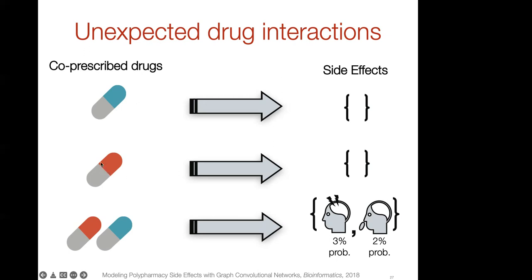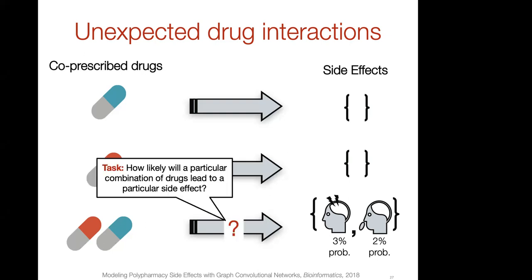When the patient takes the red drug alone, desired effects are achieved and no side effects occur. However, when a patient takes the blue and red pill together, then with some probability, they will develop a particular type of side effect. So that is surprising, that is unexpected, because if the 2 drugs would act independently of each other, we would not expect to see any side effects.